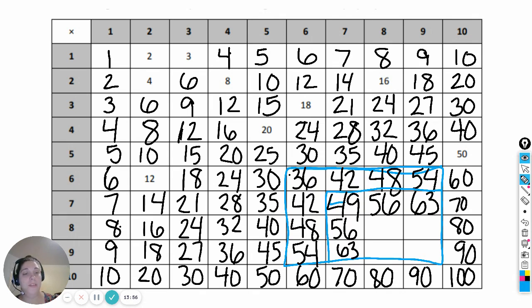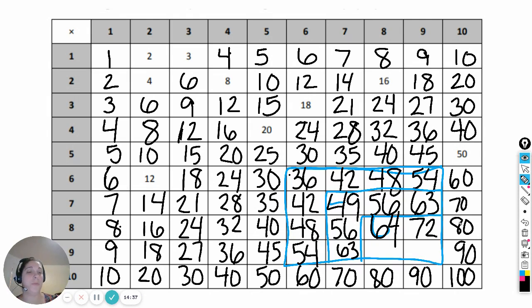And now, if we've learned our 7s, to learn our 8s and our 9s, we even have less to learn. So we're going to start with our 8s. 8, 16, 24, 32, 40, 48, 56, 57, 58, 59, 60, 61, 62, 63, 64. 65, 66, 67, 68, 69, 70, 71, 72.